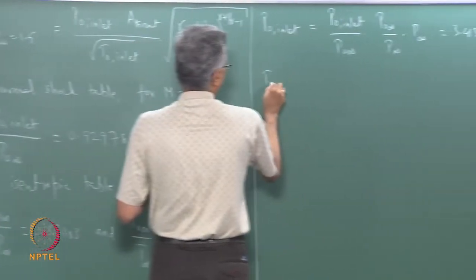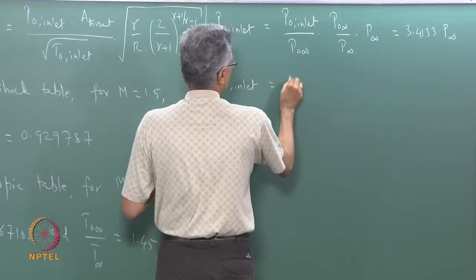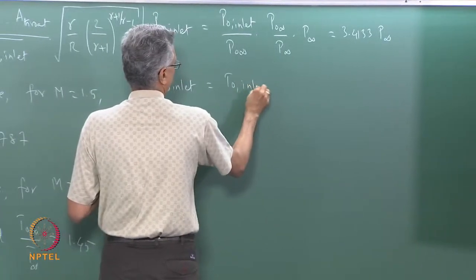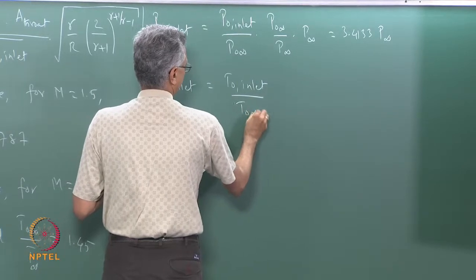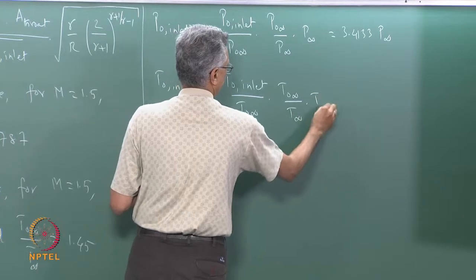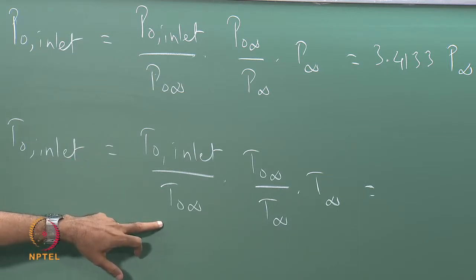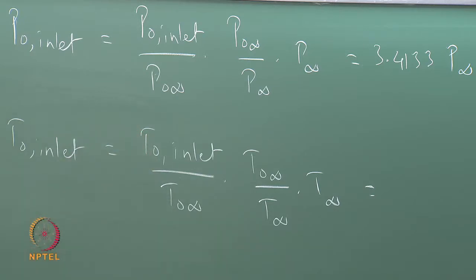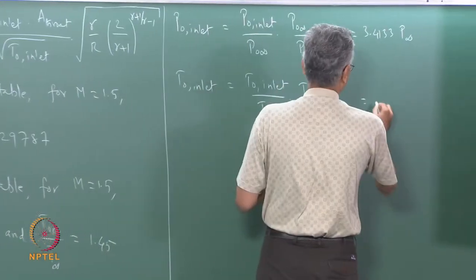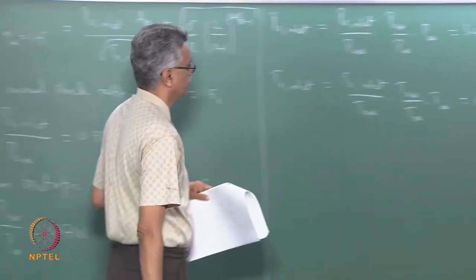Similarly for T0 inlet, I can do the same thing. T0 inlet divided by T0 infinity times T0 infinity divided by T infinity times T infinity, and there is no change in stagnation temperature across a normal shock wave. So, T0 inlet is equal to T0 infinity. So, this is 1 and I can substitute for these other quantities and I get this to be 1.45 times T infinity.